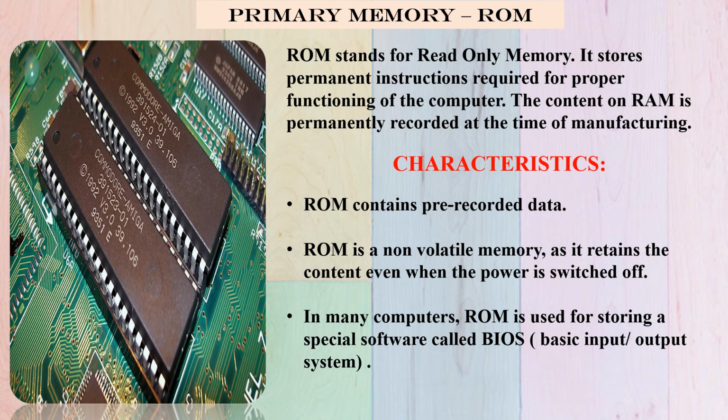The content on ROM is permanently recorded at the time of manufacturing. Characteristics: ROM contains pre-recorded data. ROM is a non-volatile memory as it retains the content even when the power is switched off. In many computers, ROM is used for storing a special software called BIOS, Basic Input and Output System.